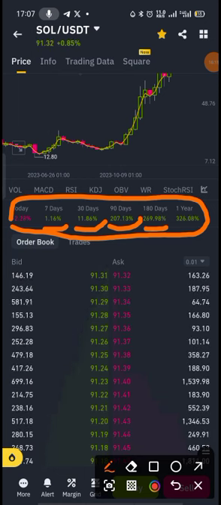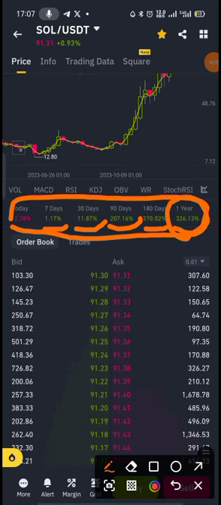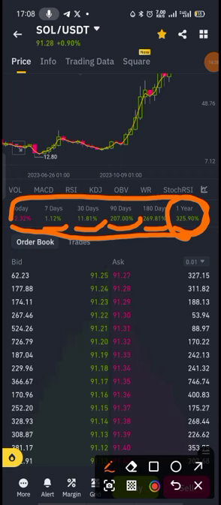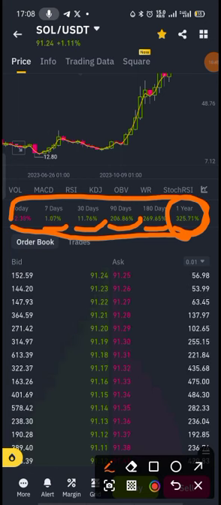And in the past 1 year it has done a 326% increase. Meaning if you had bought this coin for $100 a year ago, like 365 days ago, you would be in profit of at least three times your money. So that's 3.25. Basically, that is what it is here.